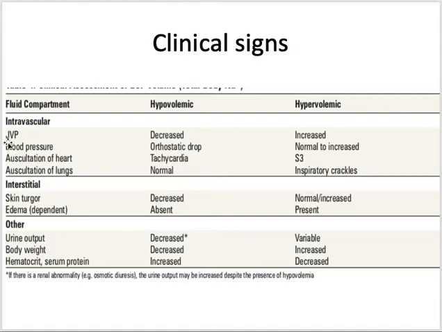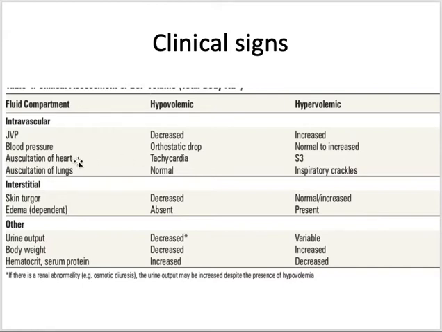So JVP, jugular venous pulse, will be decreased. Blood pressure, there will be orthostatic drop. What is orthostatic drop? If you check the blood pressure of someone lying down on the bed, and for example the blood pressure is 120/80, and you ask the patient to stand up, and his blood pressure comes back as 105/75, so there is a lot of drop in the systolic blood pressure, that is called orthostatic drop.